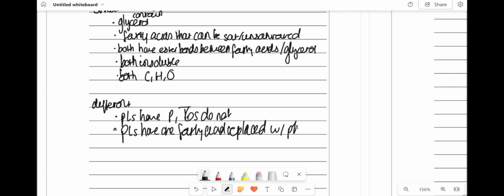The difference is, well, first of all, phospholipids have phosphate or phosphorus. Triglycerides do not. What else do they have? Well, phospholipids have one fatty acid replaced with a phosphate head.